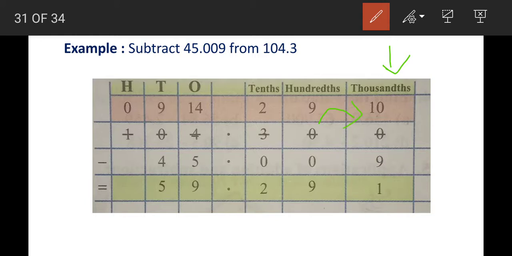Again it is 0, so borrow from its previous digit. So here 2 is left, and here it is 10. From here we take 1 to the next place, so here 9 is left, and in the thousandth place it is 10. 10 minus 9 is 1. Here 9 is left. 9 minus 0 is 9. 2 minus 0 is 2.